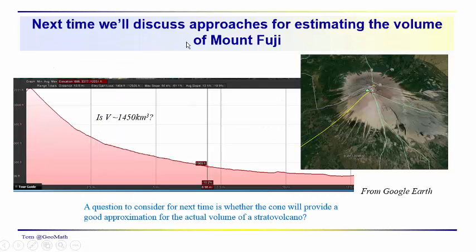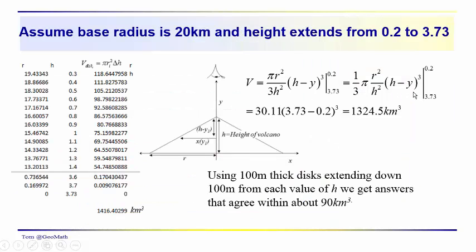So the next time we're going to talk about, we'll use Mount Fuji as an example, and we'll talk about approaches for estimating the volume of Mount Fuji. We'll be working with about this range of elevations, with the basal radius going out about 20 kilometers.